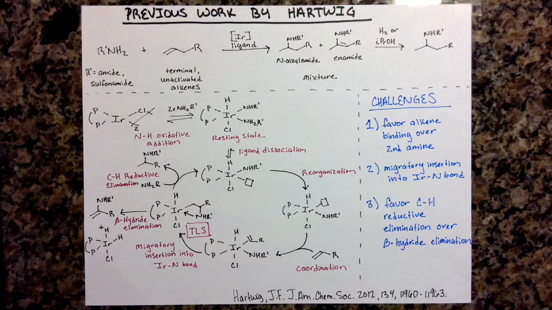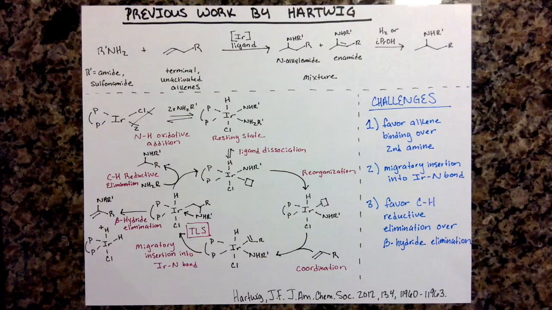And all of these challenges were addressed in this paper by using a terminal olefin that was able to bind and do the migratory insertion into this bond, but also this transformation was racemic.